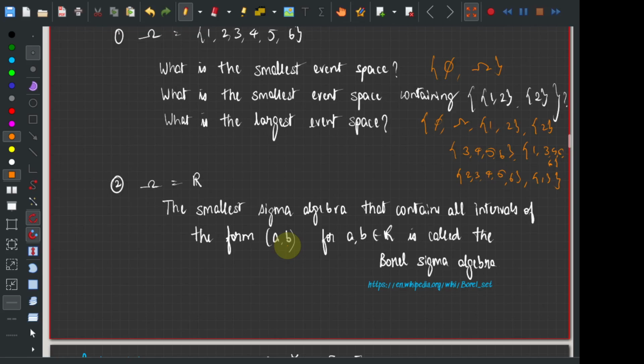This particular sigma algebra is called the Borel sigma algebra. It's not easy to see that this does not contain the power set. There are in fact many sets which are not part of the Borel sigma algebra, but it contains at least most of the events that we are interested in.